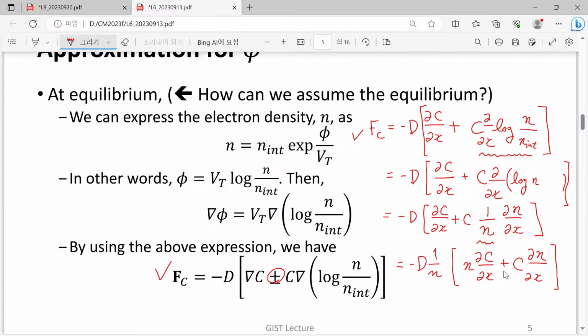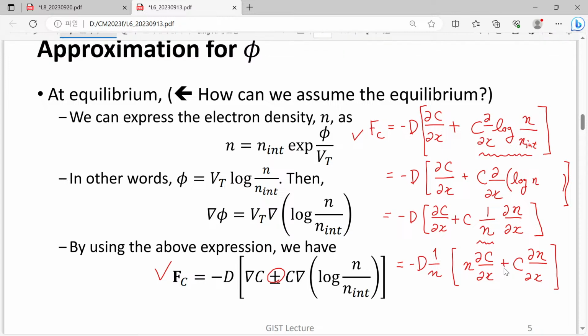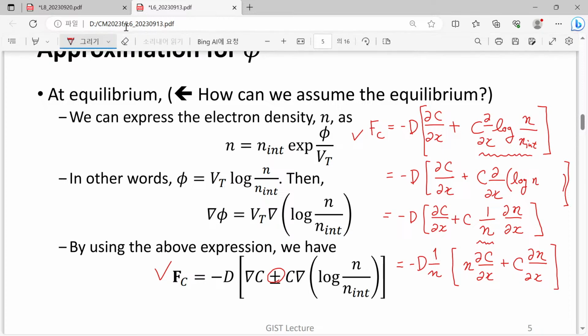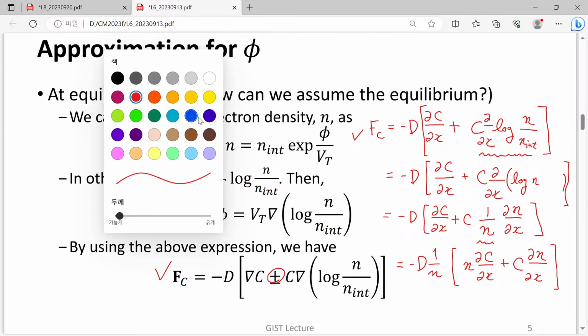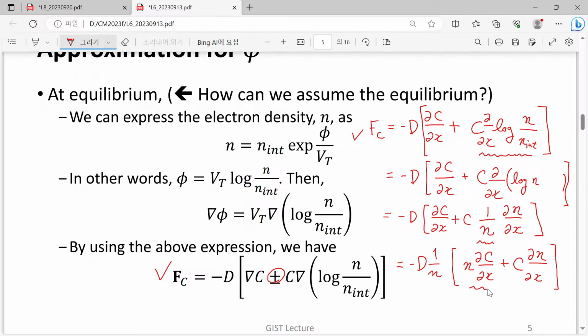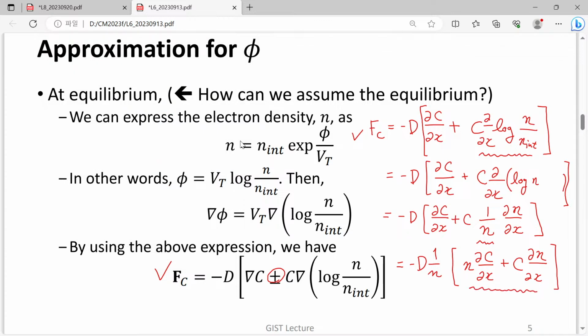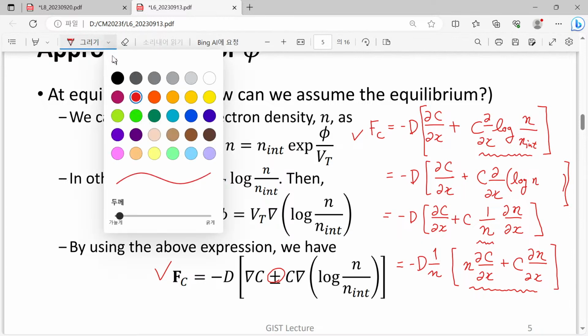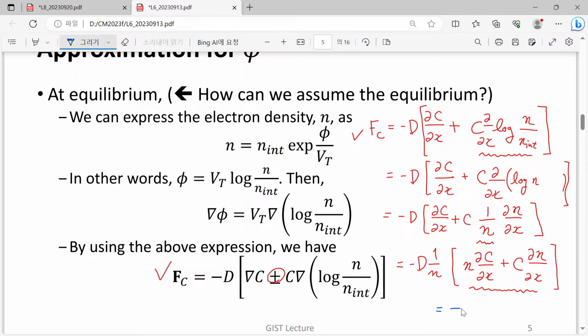Now you realize that pulling out 1/n simplifies the terms in the parentheses quite a lot. This can be merged into one single partial derivative. What is it? This can be just written as the partial derivative of C times n.